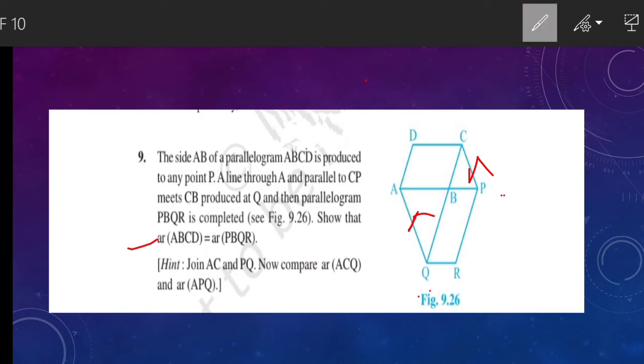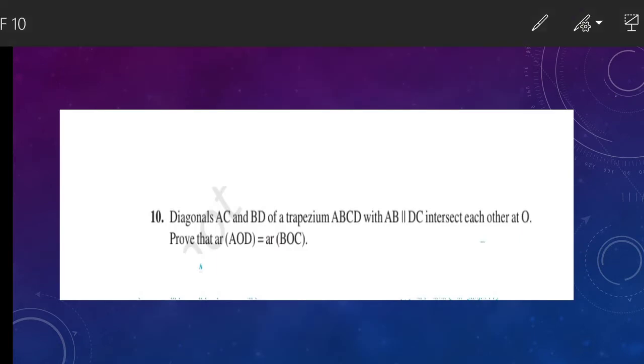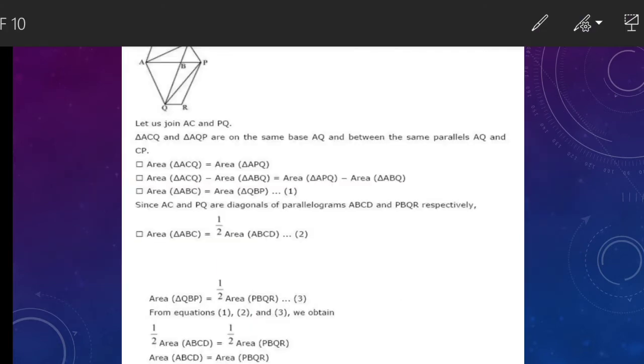So we have to show this. So here we have constructed two lines AC and PQ. In the given diagram, we have joined two lines, that is AC and PQ. In this question, we are getting two triangles, that is triangle ACQ and triangle APQ.